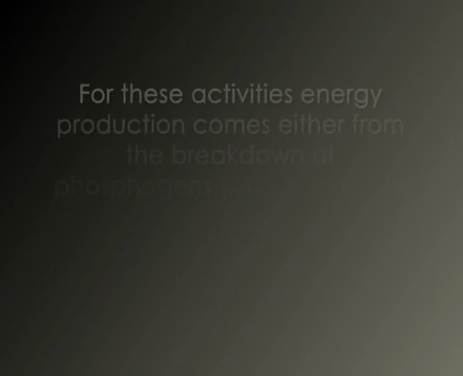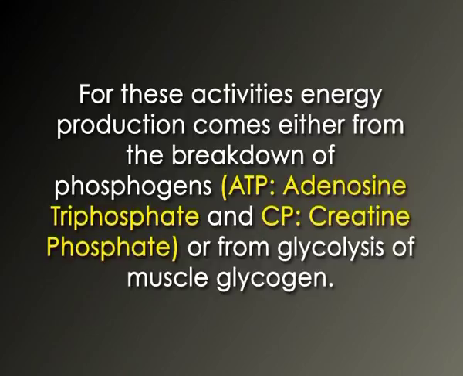Anaerobic capacity is the ability of the organism to perform an activity in the absence of oxygen. For these activities, energy production comes either from the breakdown of phosphogens, that is adenosine triphosphate and creatine phosphate, or from glycolysis of muscle glycogen.